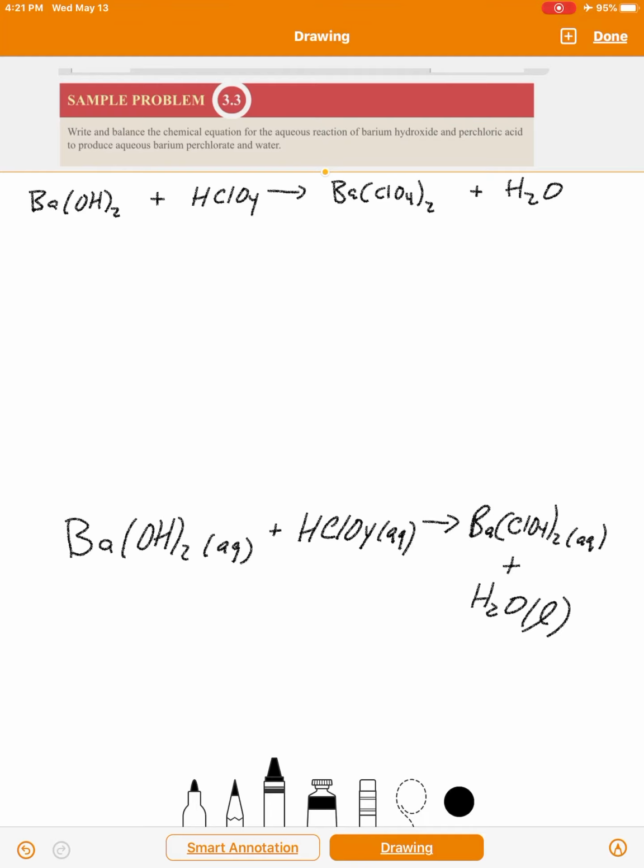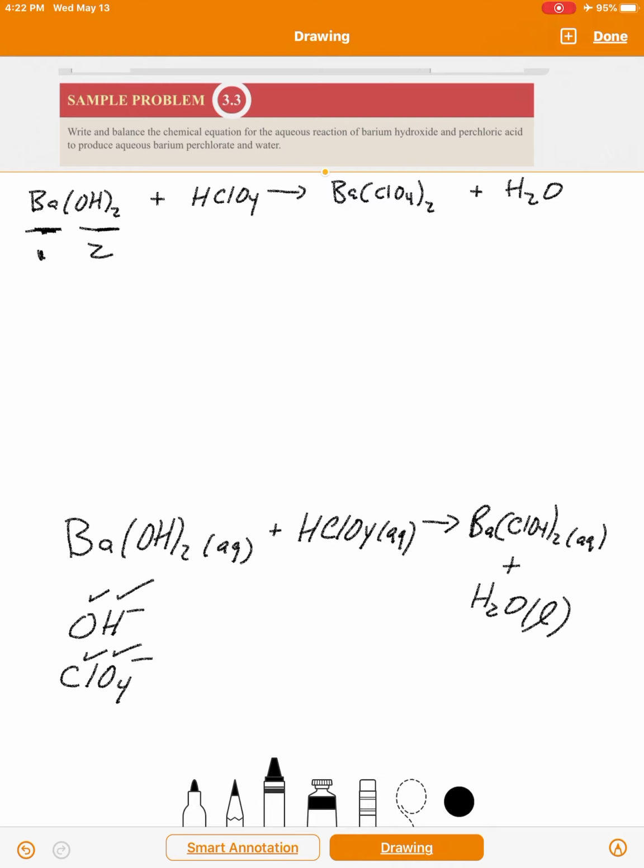Okay, so how are we going to balance this one? Now, when you're dealing with polyatomic ions, it's not a bad idea to balance the polyatomic ions together. Meaning, instead of doing oxygen separate from hydrogen or chlorine separate from oxygen, do them as a group. So you can think about barium hydroxide as having one barium, but having two hydroxides.